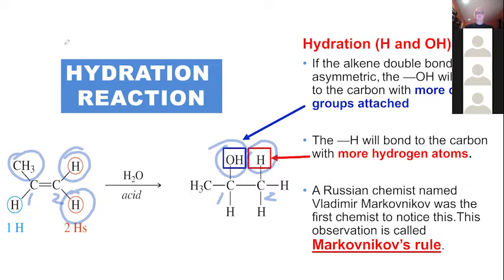The hydroxyl group always goes to the carbon that has more carbon groups attached. So carbon 1 has a carbon group attached. Carbon 2 does not. So CH2 becomes CH3. And that is always the case.